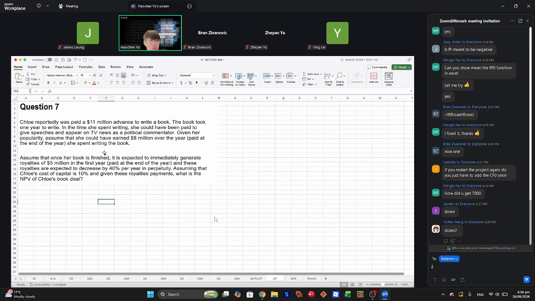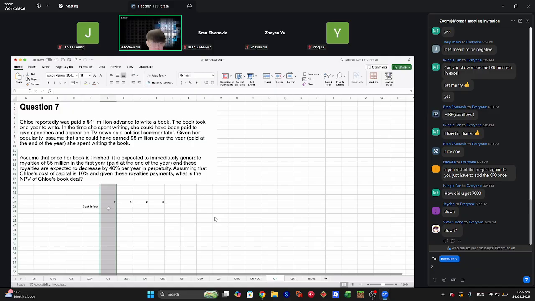It says Chloe was paid an 11 million advance to write a book, and the book took 1 year to write. So if I draw a timeline here, Chloe will receive a cash inflow of 11 million at the very beginning, because she receives the 11 million advance to write a book.